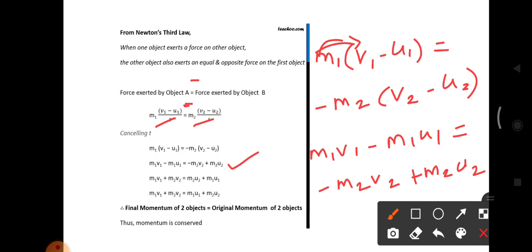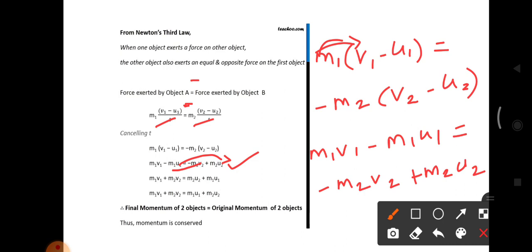So rearrange this equation. When m2 v2 comes to the left side, this is plus m2 v2. So m1 v1 plus m2 v2, and m1 u1 goes to the right side, so m2 u2 plus m1 u1. See, m1 v1 plus m2 v2.